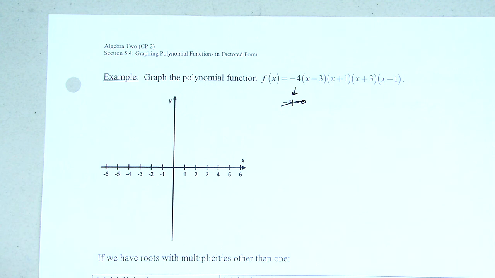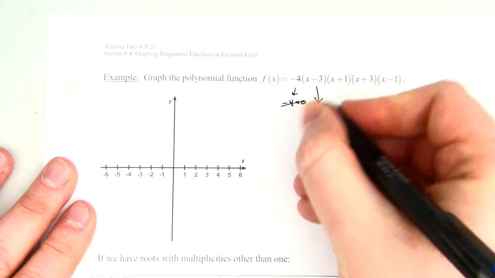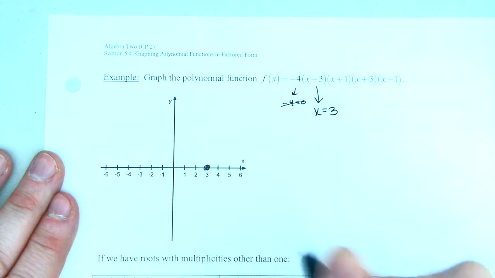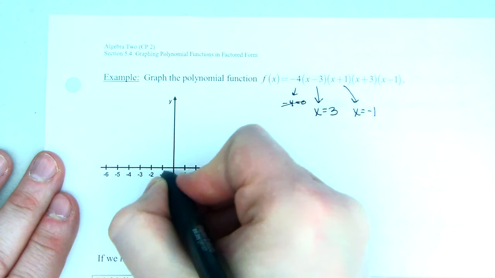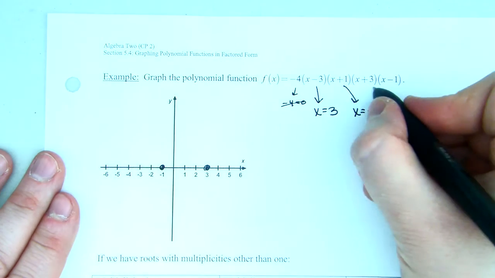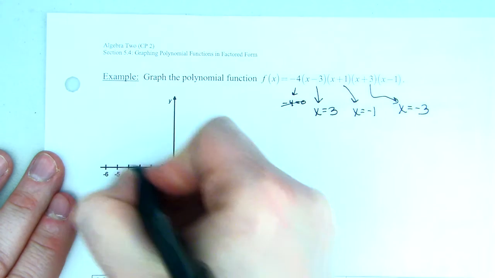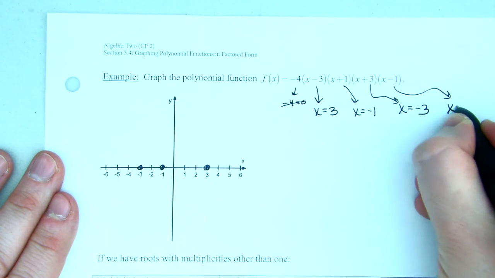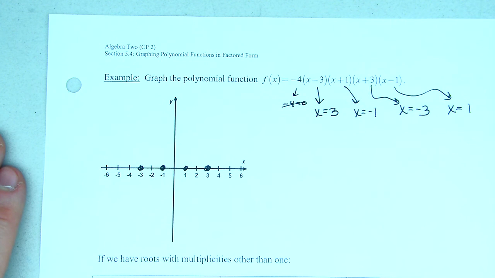We're going to see the -4 will be important for something else, though, in a moment. From x minus 3, I'm going to get x equals 3. From x plus 1, I'm going to get x equals -1. From x plus 3, I'm going to get x equals -3. And from x minus 1, I'm going to get x equals 1. Those are my 4 x-intercepts.